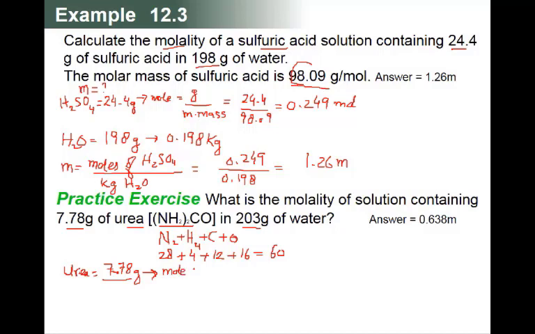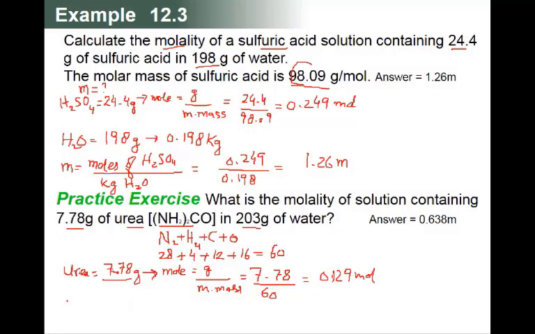Same formula, gram divided by molar mass. Gram is 7.78, and molar mass 60, we already calculated just now, and the answer will be equal to 0.129, and this will be the mole of urea.